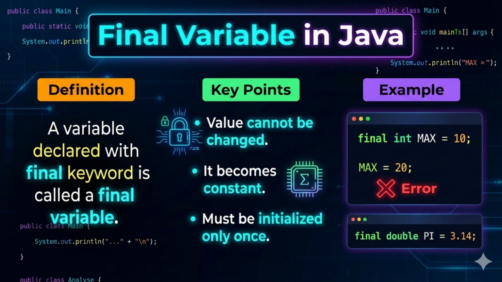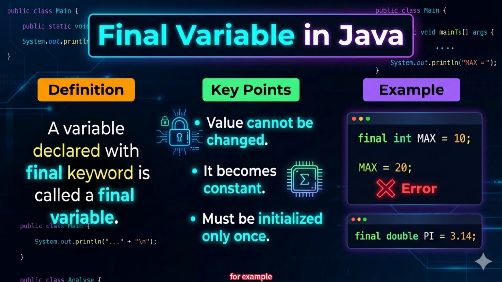Final variable. A variable declared with the final keyword is called a final variable. Key points. Value of final variable cannot be changed. It becomes a constant. It must be initialized only once. We use final variables for pi value, maximum limit, fixed configuration values.